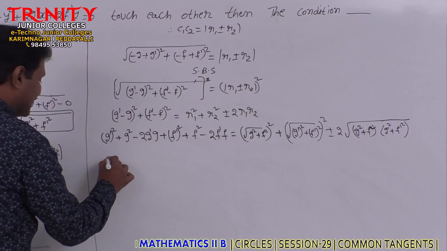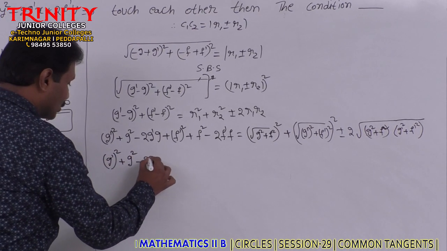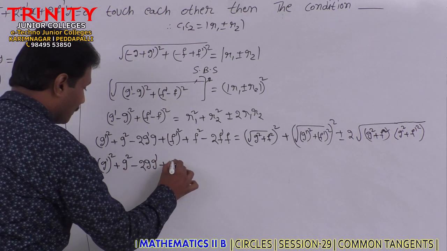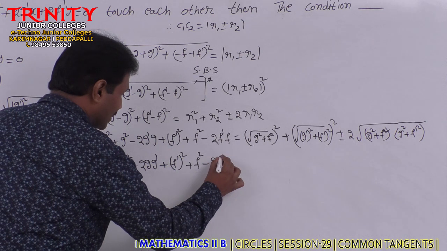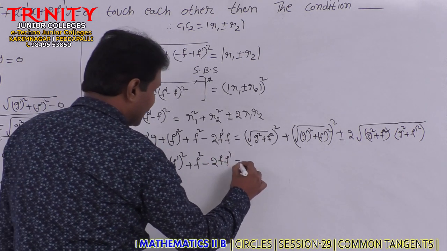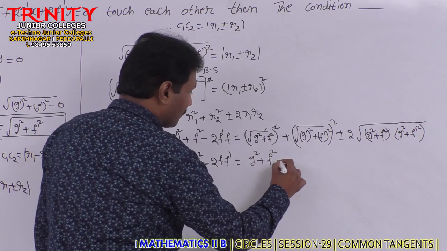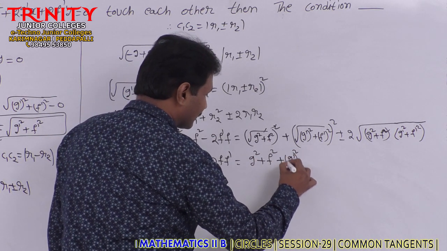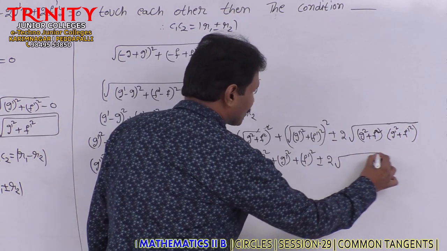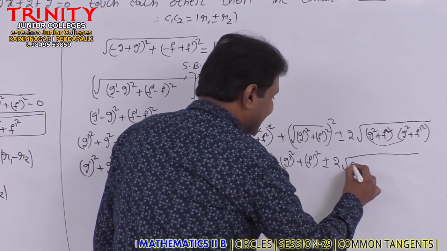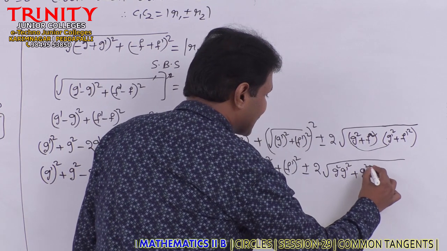Here g dash square plus g square minus 2g dash g plus f dash square plus f square minus 2f dash f equal to g square plus f square plus g dash square plus f dash square plus or minus 2 into square root of g square g dash square plus g square f dash square plus f square g dash square plus f square f dash square.